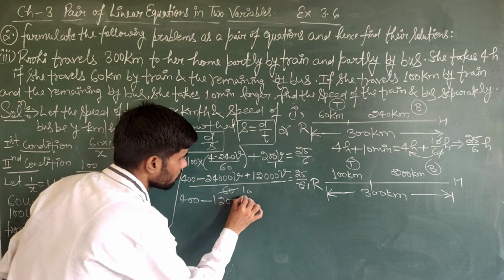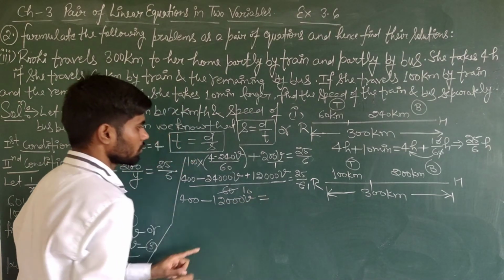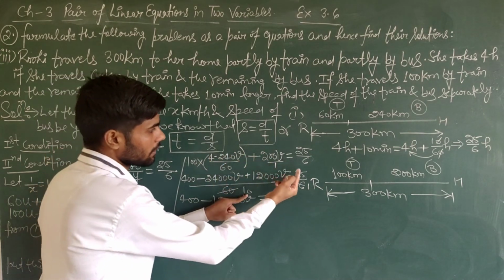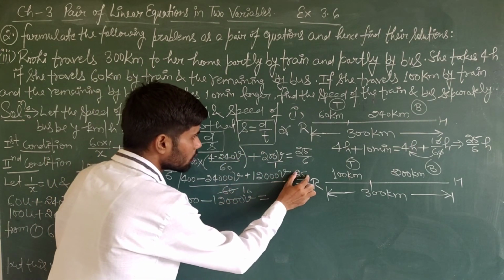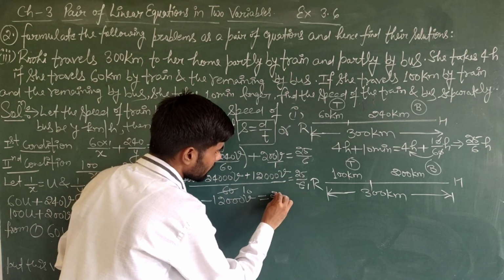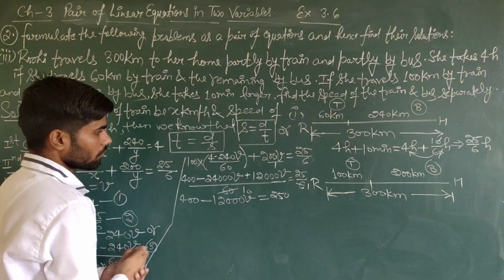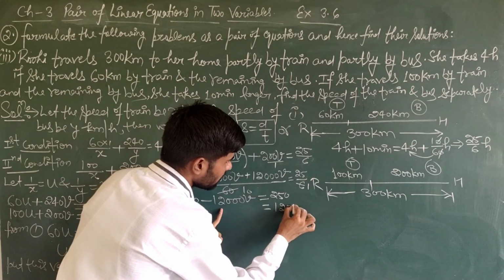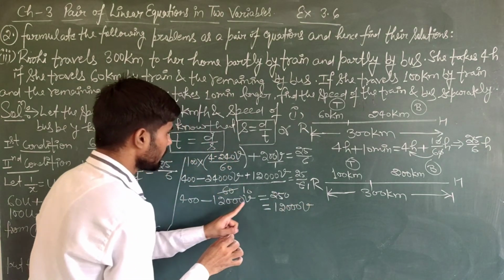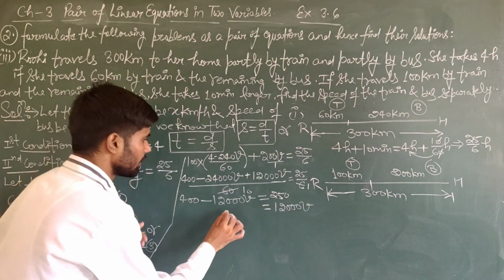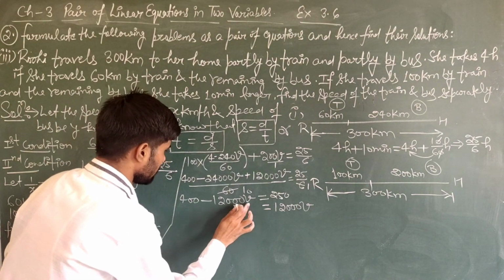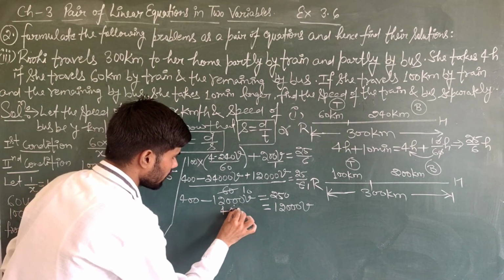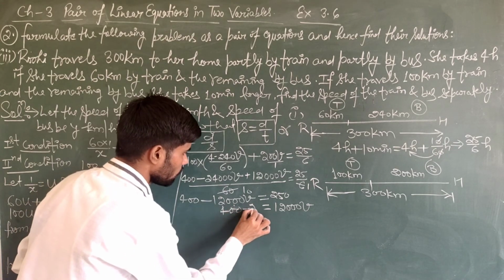12,000v is equal to, this 10 is in the division, this will be in the multiplication on the right side. 10 multiply 25, this will be 250. Or we can write 12,000v will be positive on the right side and this 250 will be negative on the left side. 400 minus 250.